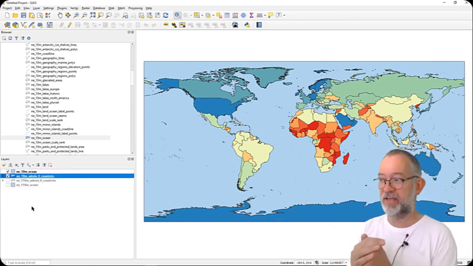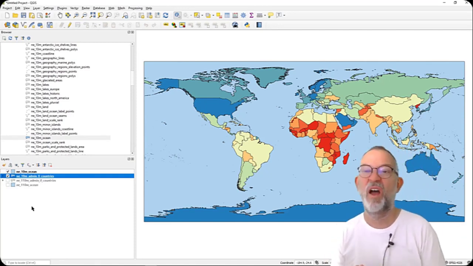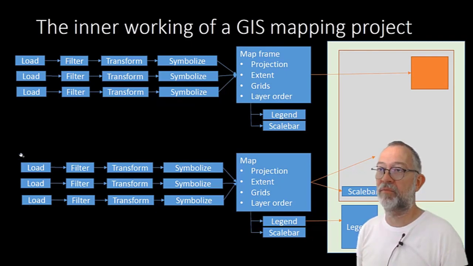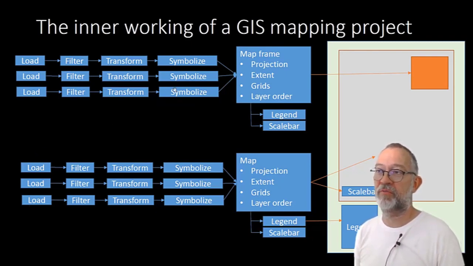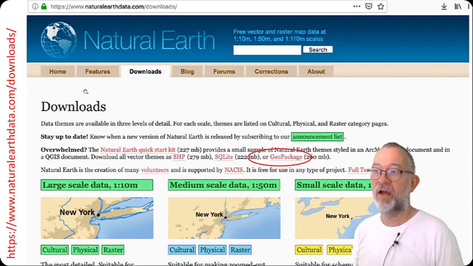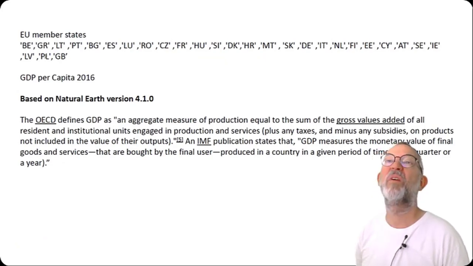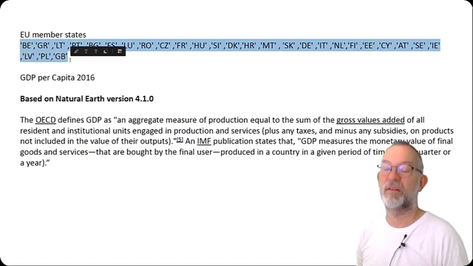So in this case, I want to do a filtering. We have looked through the transformation, but I want to do a filtering to show you the EU countries. I have a list of EU countries and the abbreviations. I'll just copy this list here.